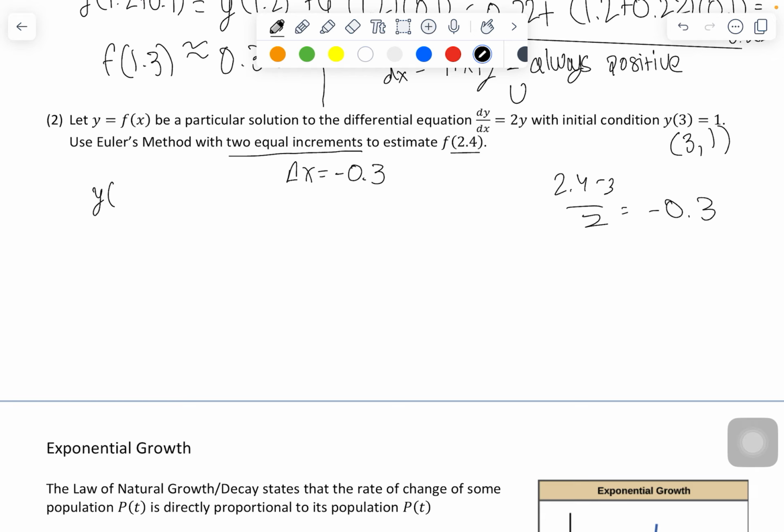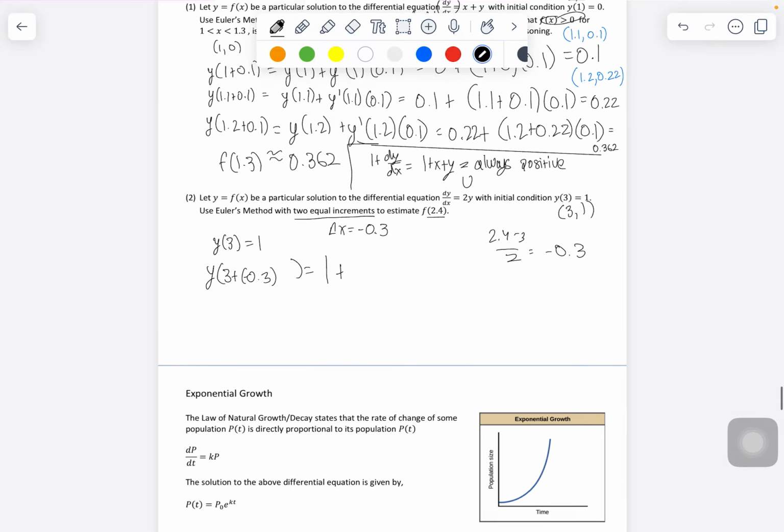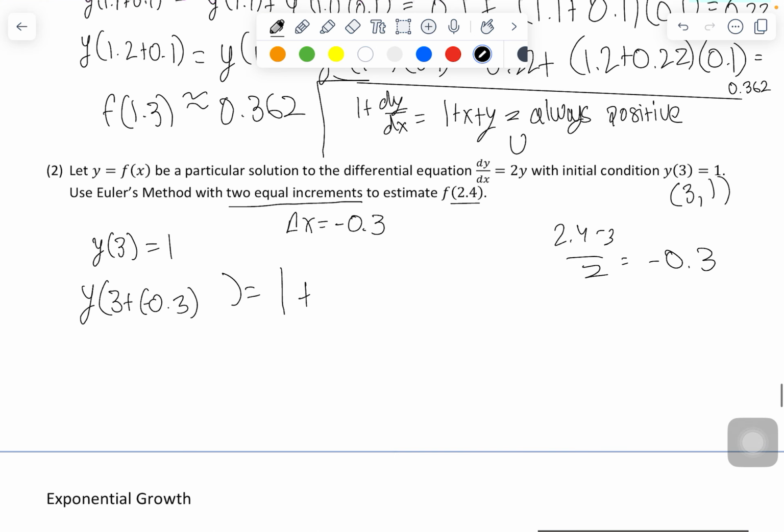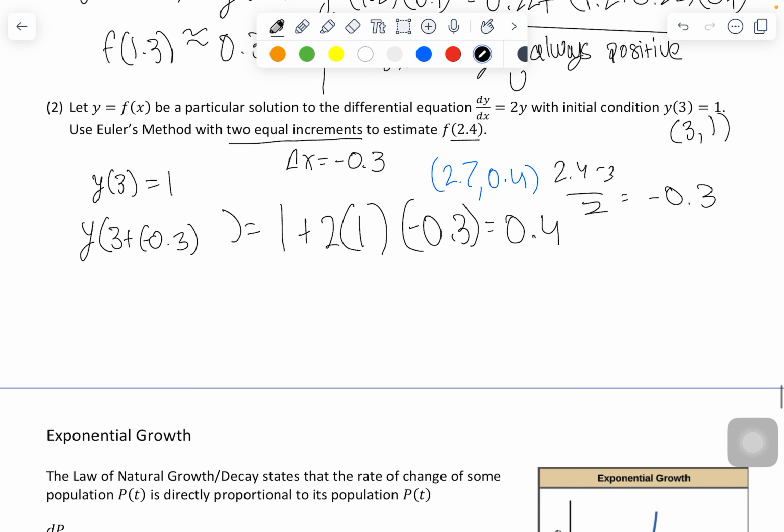So we're going to start with our point y of 3 equals 1, and then we're going to do our first tangent. So we have our y of 3 value plus our differential equation, which is 2y. So 2 times the value of y, which is 1, times our delta x, which is negative 0.3. So now we have another point, (2.7, 0.4). And then we're going to do it again.